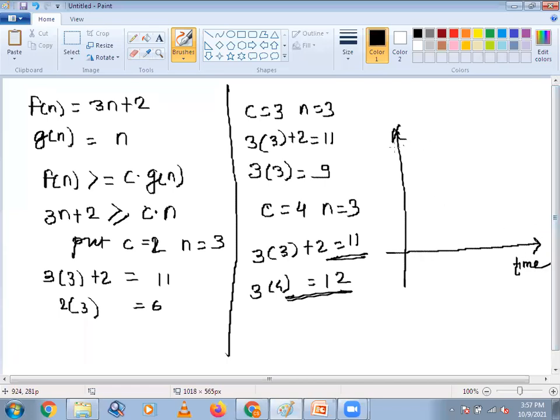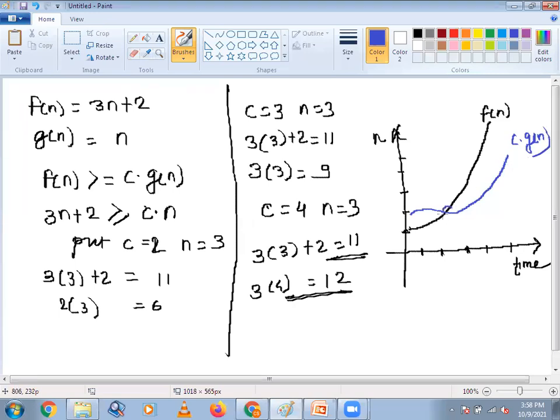Here on one axis is time and on the other is input n. This line shows f of n, and this line shows c into g of n.